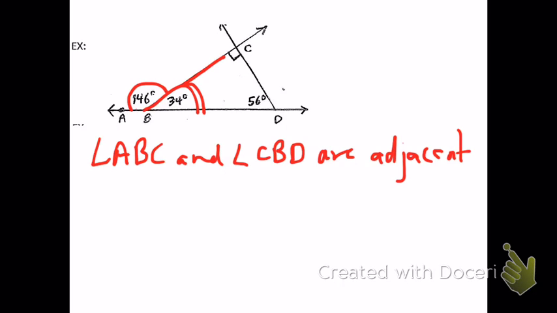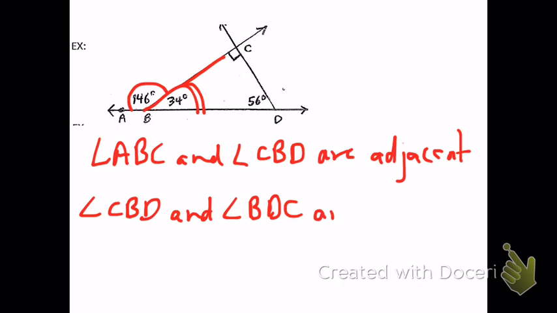Now we've got complementary angles. Angle CBD and BDC are complementary. 34 plus 56 is 90. Those two are complementary.